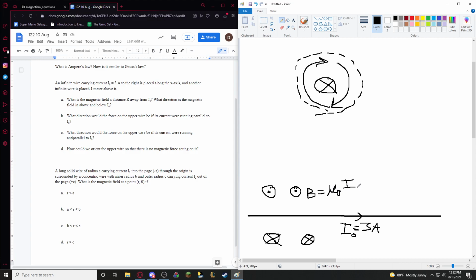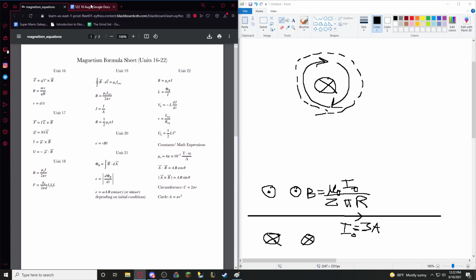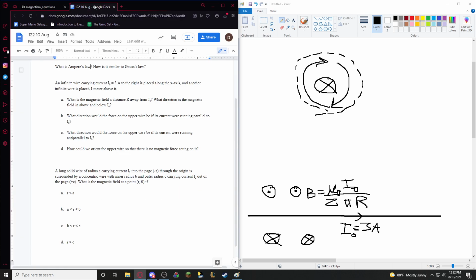Exactly. That's just basic Ampere's law, one of the two forms of Ampere's law you need to know for this class.